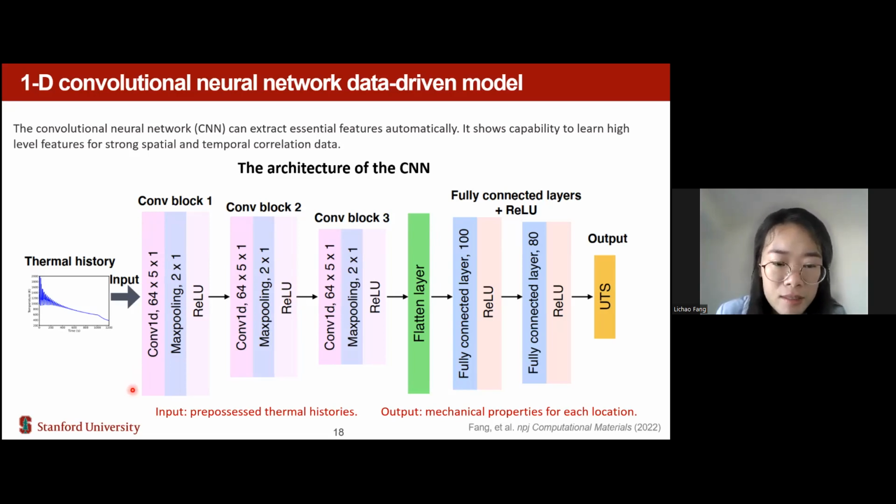In this slide, we show the architecture of the convolutional neural network. The input of this architecture is the simulated thermal history for different cases and locations, and the output is the mechanical properties. For the architecture, we use 3 different convolutional layers and 2 fully connected layers.